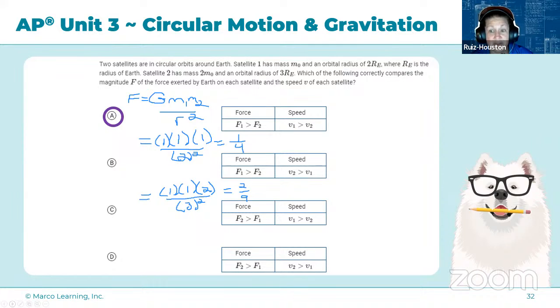Were you right? So I've done the forces for you. How could you have done the speeds? What would I have done for that? Well, isn't the force for the gravitation, in a sense, equal to our centripetal? Because the force for gravitation is what's pulling us in.